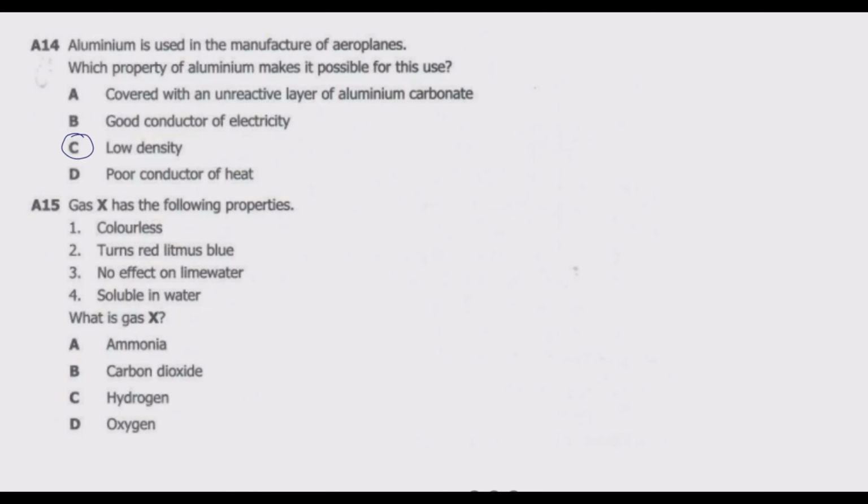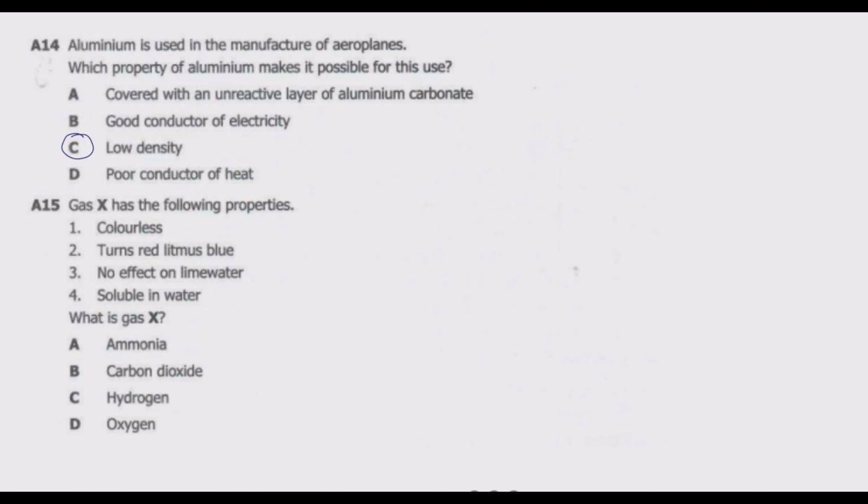We go to question 15. Gas X has the following properties: 1. Colorless. 2. Turns red litmus blue. 3. No effect on lime water. 4. Soluble in water. What is gas X?